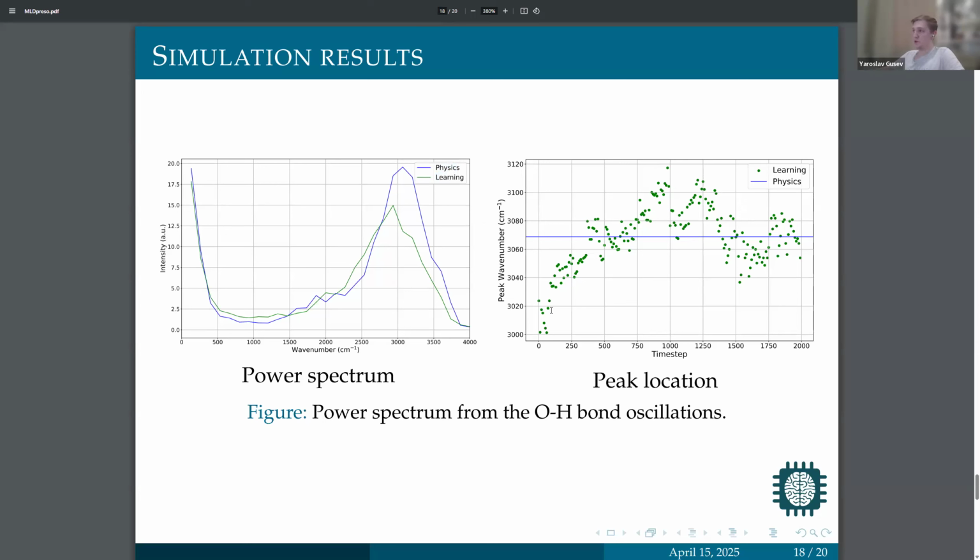Here we also studied the dynamics of how this peak can drift with time, and we can verify that in the long run, this peak is pretty much stable around this value of 3000. So it does not drift much.